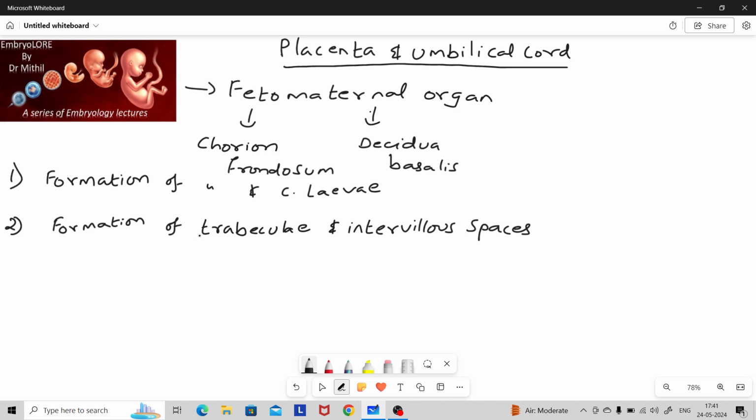These are the stages, and the third one is the development of the chorionic villi. That is followed by the formation of the cytotrophoblastic shell.